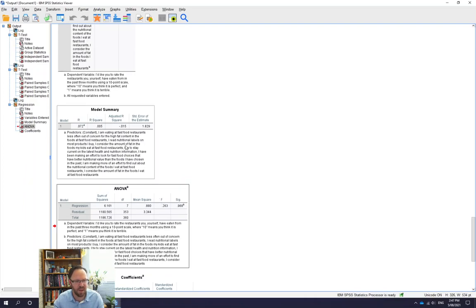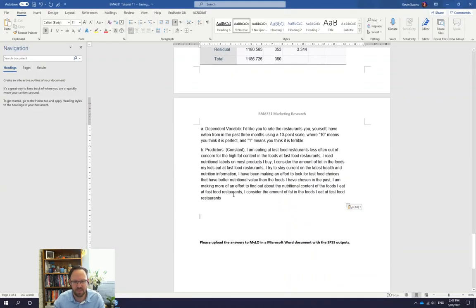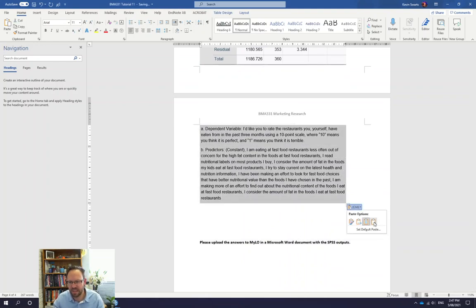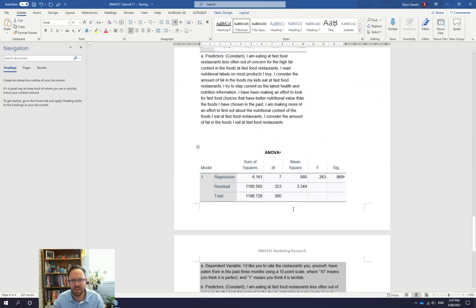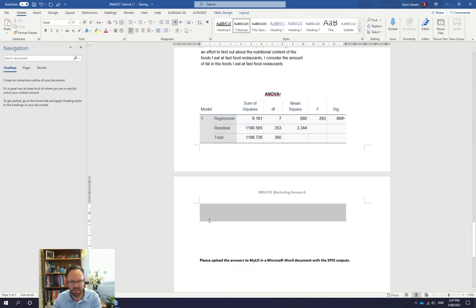Then we'd copy those and paste them into here, and then I don't want all of that, so I'm going to delete it to make it look a bit more beautiful. You can play around with the editing if you want. Delete rows.